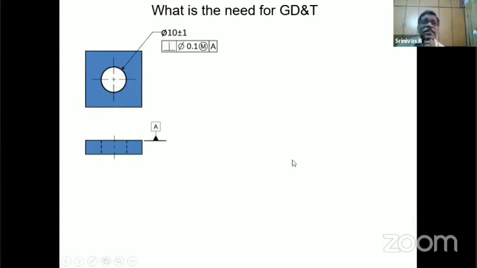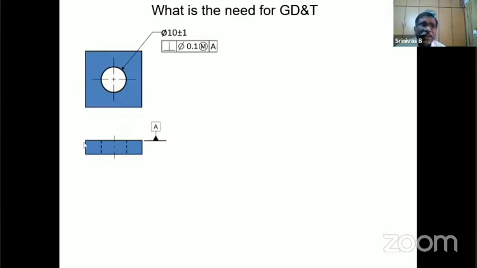Now, please see this. What is MMC? The MMC is 9 mm. Am I right, sir? MMC is 9 mm. So, it is capable of receiving a pin of 9 mm. In which condition? When there is no tilt in the hole.